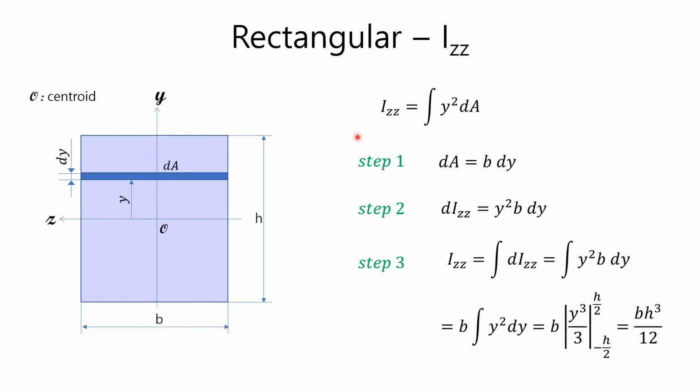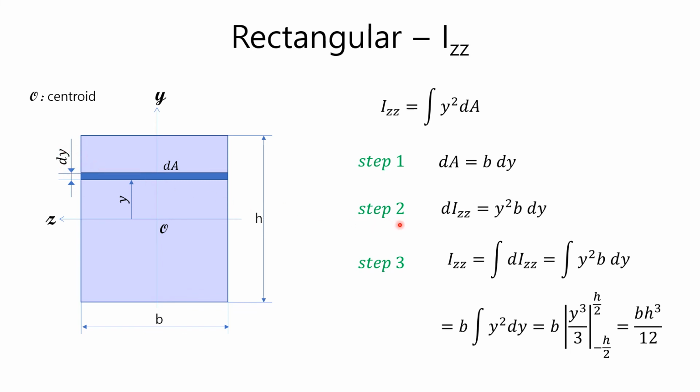By definition, the second moment of area with respect to the z-axis is the integral of y squared dA. As step 1, we calculate the small area dA, which is b multiplied by dy.